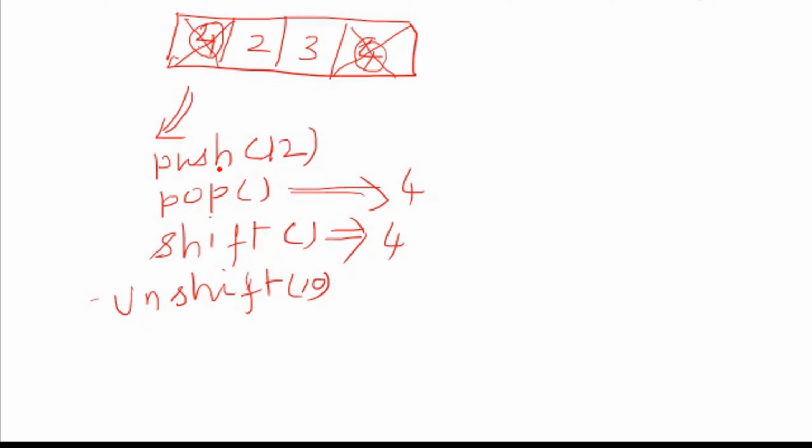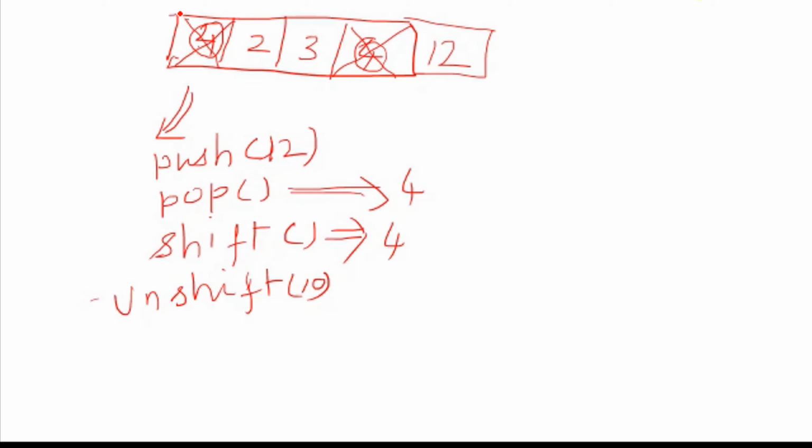So now we are making a call to push, right? Like the opposite of pop is the push. That means it adds an element towards the end. So if an element is added towards the end with a value 12, this will be the array 2, 3, 12. Then unshift will add an element towards the front.